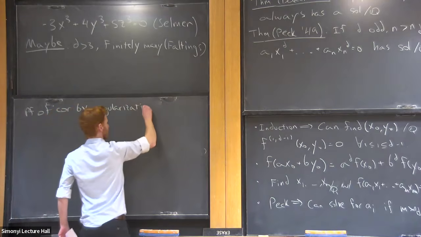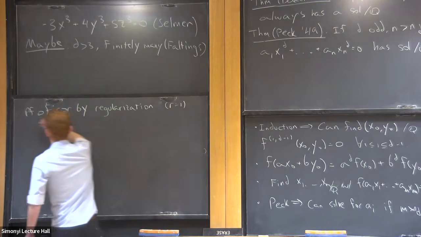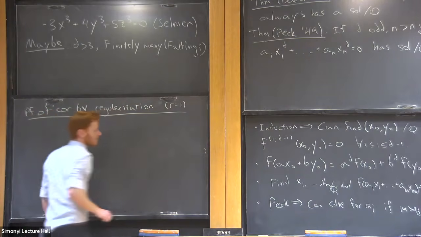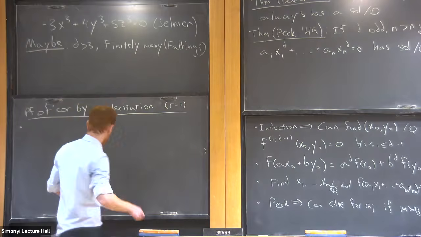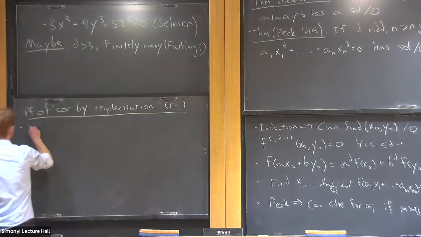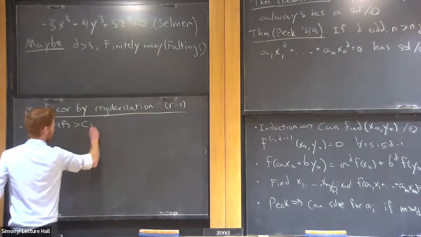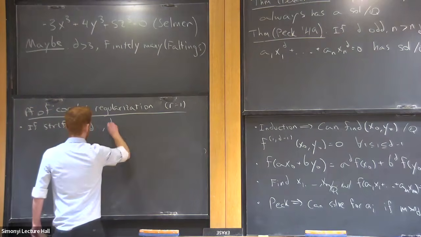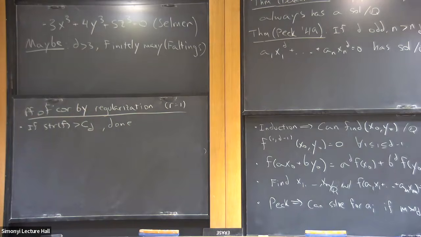We call it the process of regularization. And again, I'll sketch the argument just for one equation. So if you have one equation of degree d, you want to produce solutions. So maybe you're lucky and it's high strength. All right, then you're done because your rational points are Zariski dense.